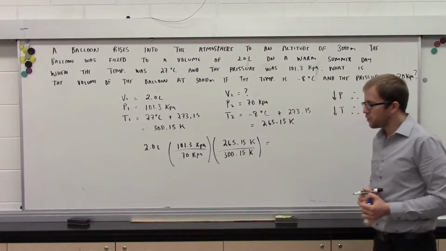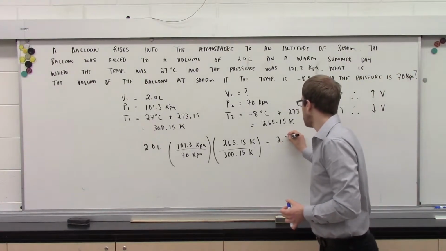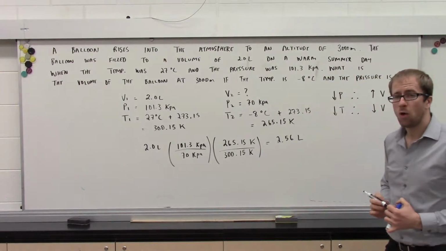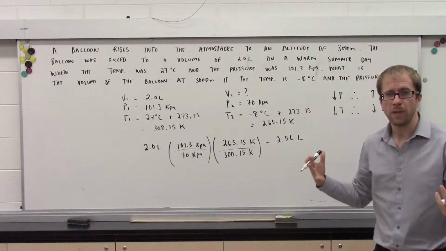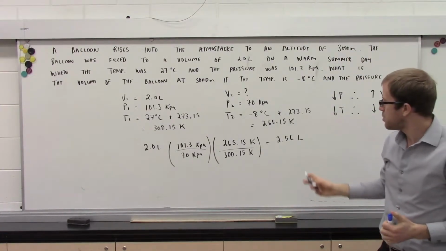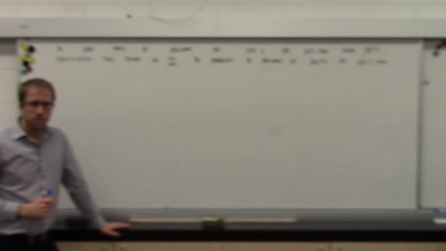And if we do the math, this gives us 2.56 liters. So the new volume of our balloon as it rose to a height of 3,000 meters is 2.56 liters.